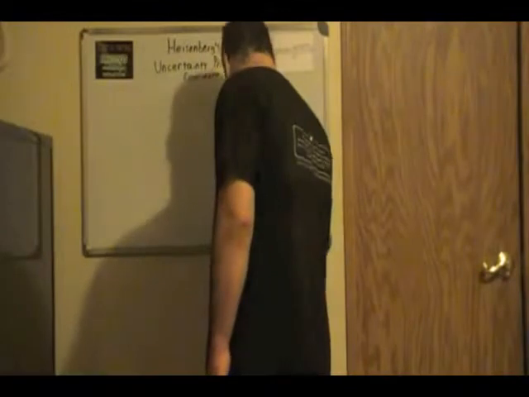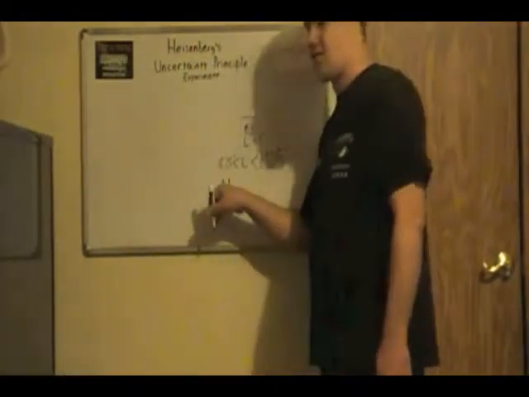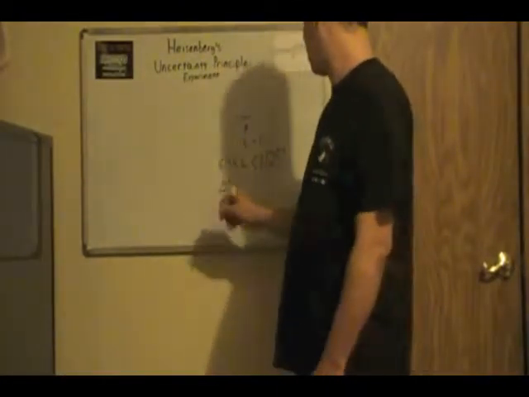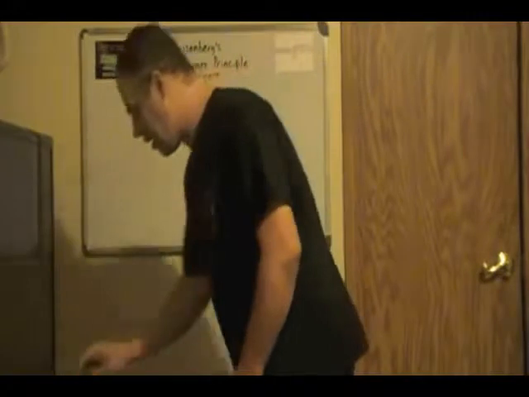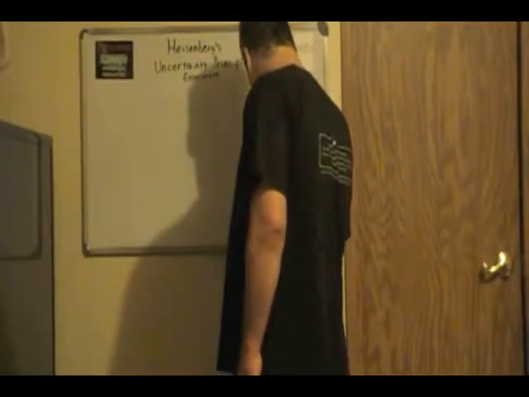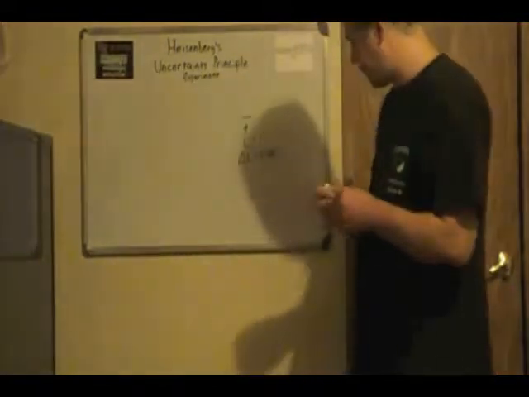So the way we're going to denote uncertainty is with the Greek letter delta. We're saying L is 1 inch, delta L is 0.125 inches.